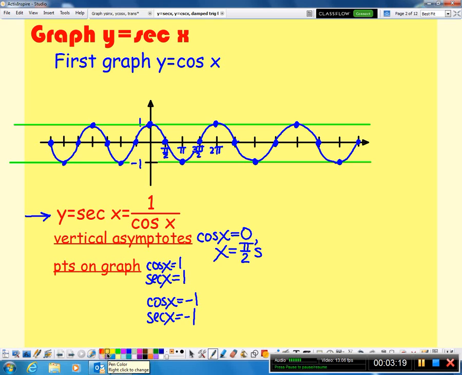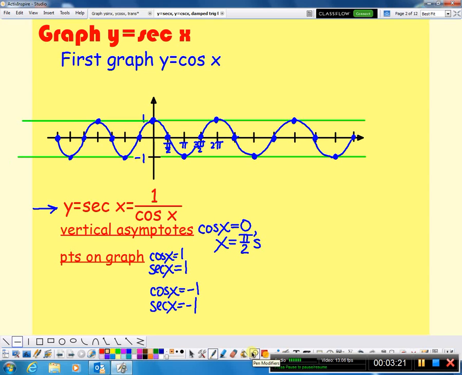I'm just going to draw them in a different color, a light pink. And I know I've got a vertical asymptote through pi over 2, and through 3 pi over 2, and through 5 pi over 2, 7 pi over 2, 9 pi over 2, and so forth and so on.